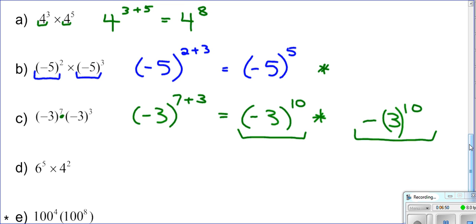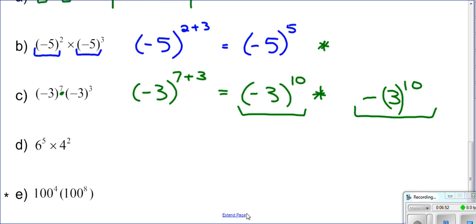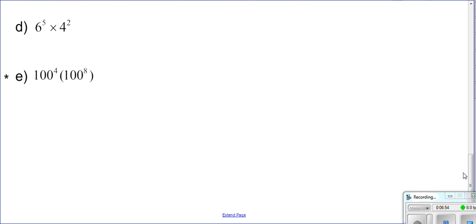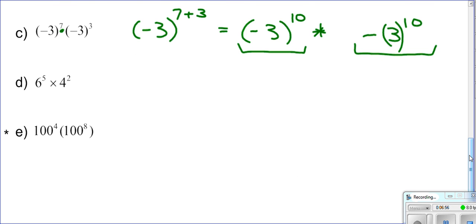Looking at D. First thing we try to investigate is, do we have the same base? In this example, we do not have the same base. And so because the bases are not the same, we cannot use the product rule.